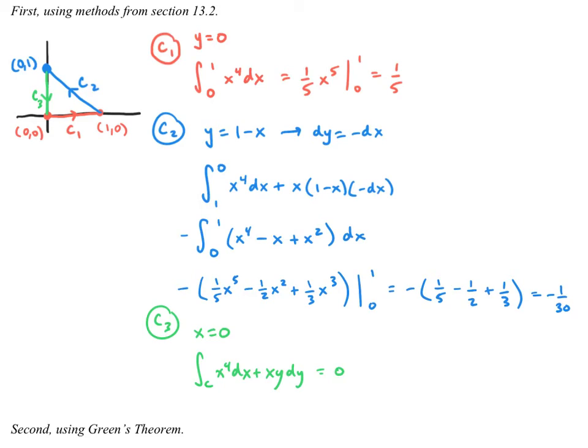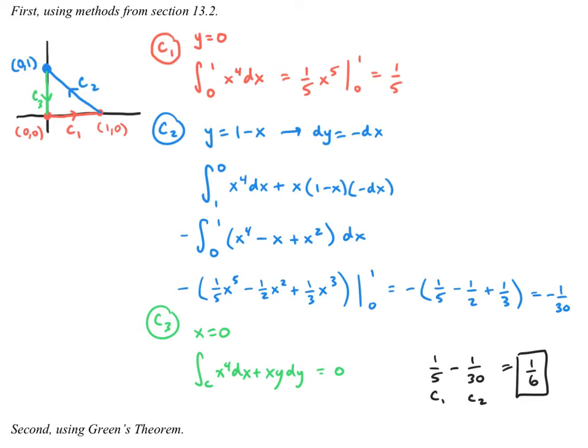So what we have for a final answer is 1/5 from C1, and minus 1/30 from C2, and C3 was 0, and so we get a grand total of 1/6. So that is one of our methods prior to this for line integrals. This is from section 13.2.